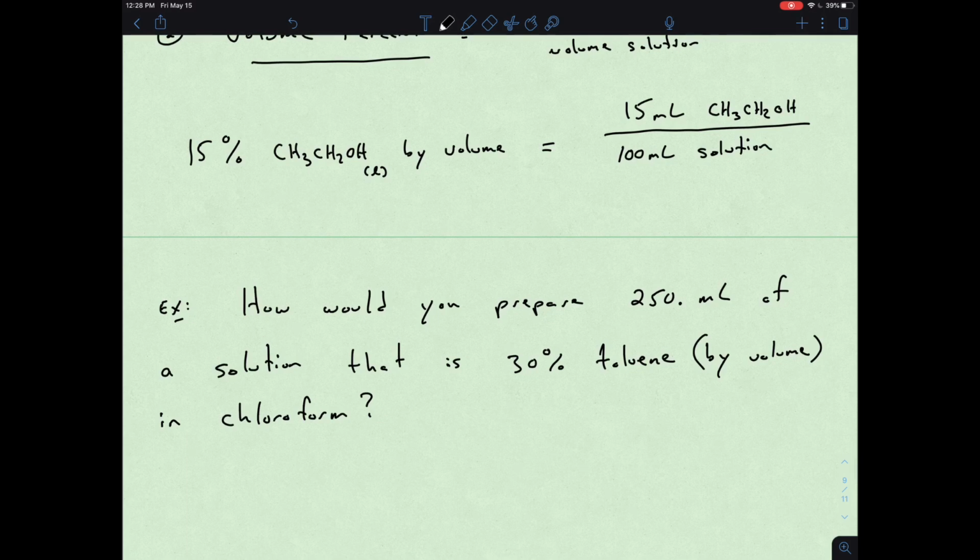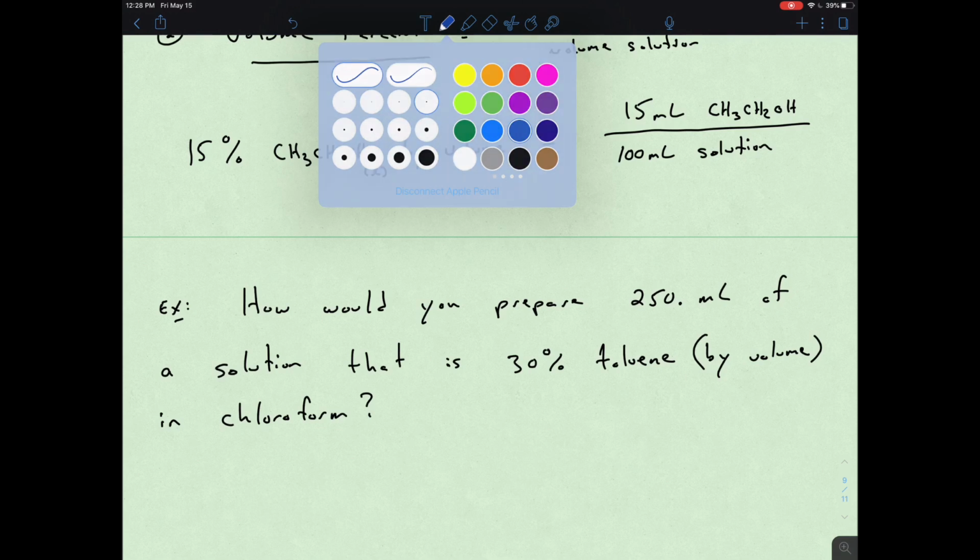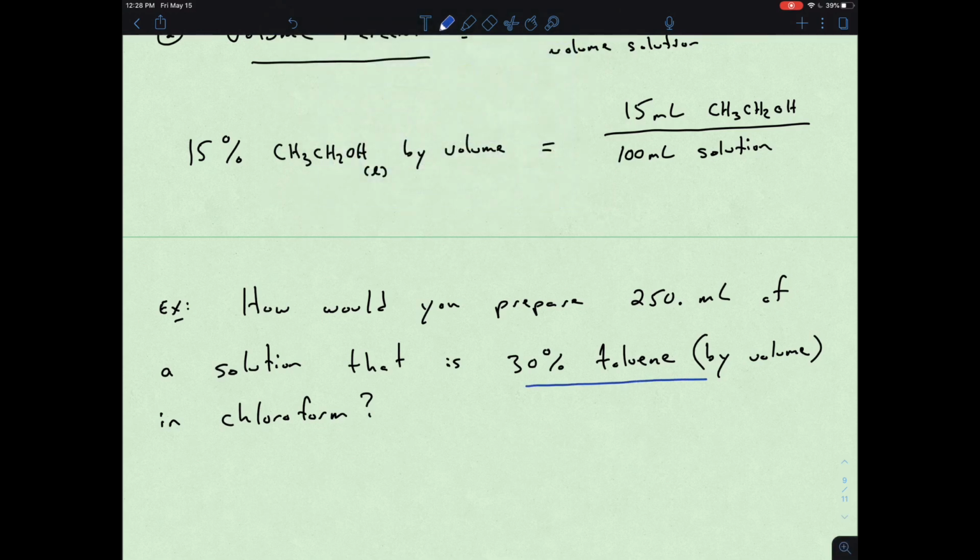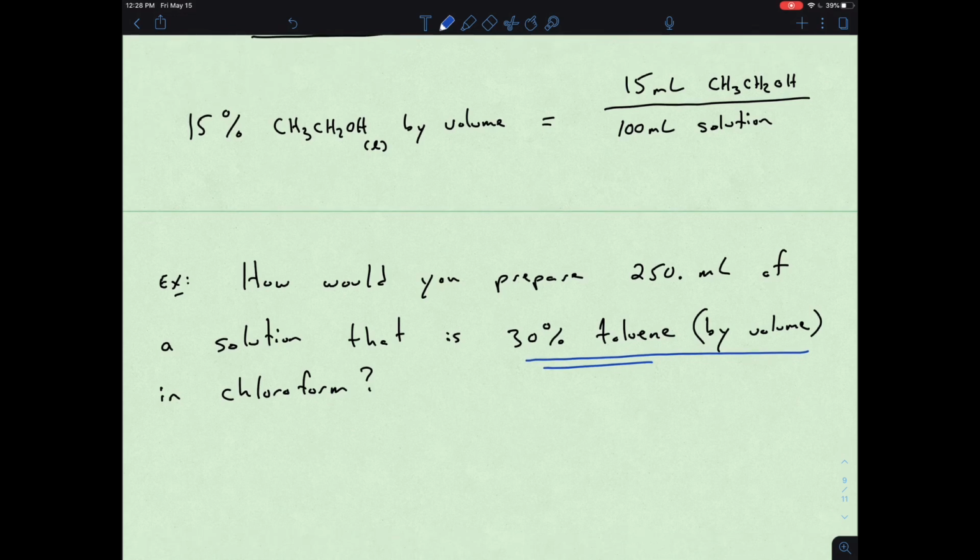So here is this expression. We see that 30%, so we know that we have this solution. It's 30% by volume toluene. So we already know the percentage, and now we're trying to figure out how we can actually make it.